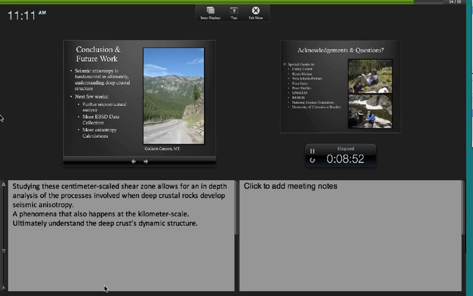So anisotropy is fundamental. Studying the seismic anisotropy in these centimeter scaled shear zones is ultimately needed to understand deep structure. And so the next few weeks, I'm going to be doing more microstructural analysis and more EBSD data collection and more pumping out anisotropy calculations.